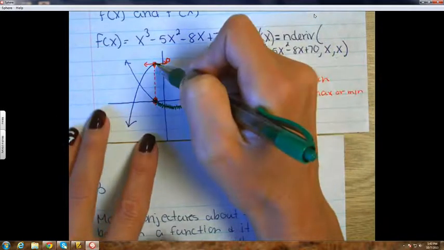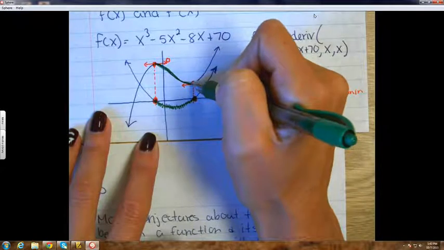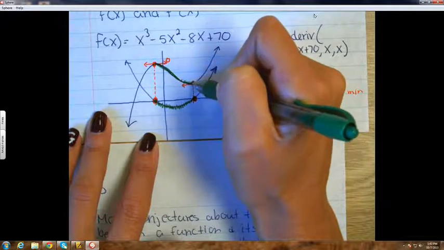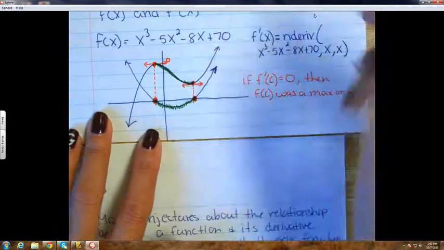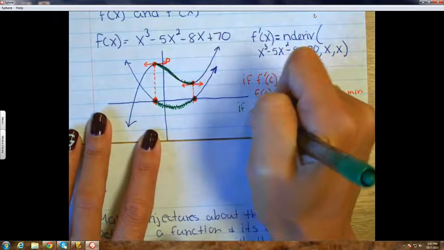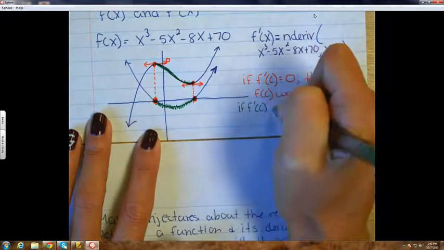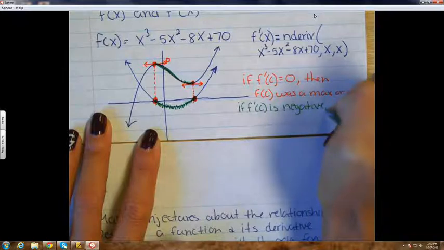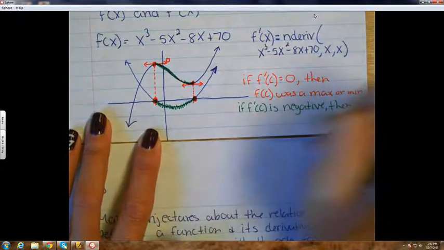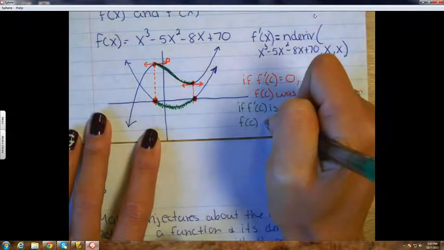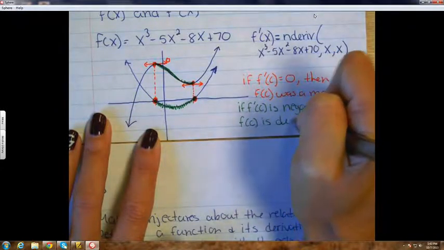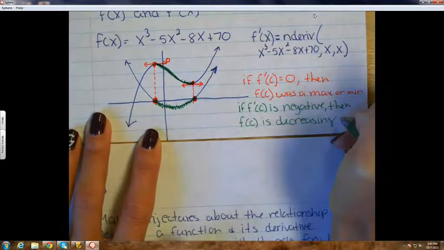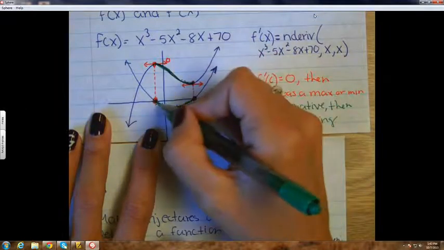Hopefully you can tell me this part of the original graph is decreasing all the way through here. The y values keep getting smaller, smaller, smaller, until I reach this 0, then they keep going up. So, if f prime of your c value is negative, then the original function is decreasing through that point. So if I decrease, I will get a negative derivative.